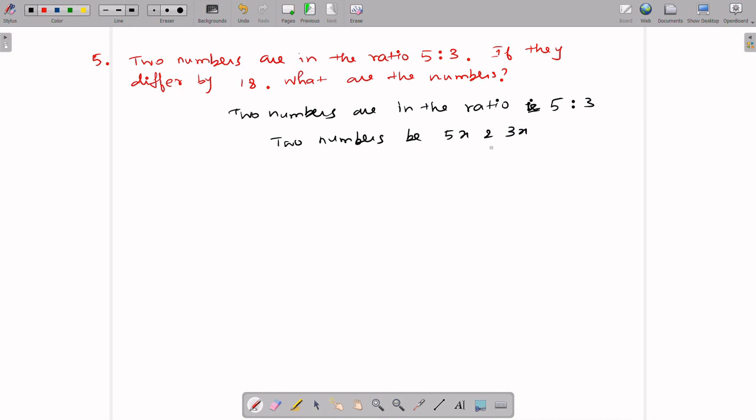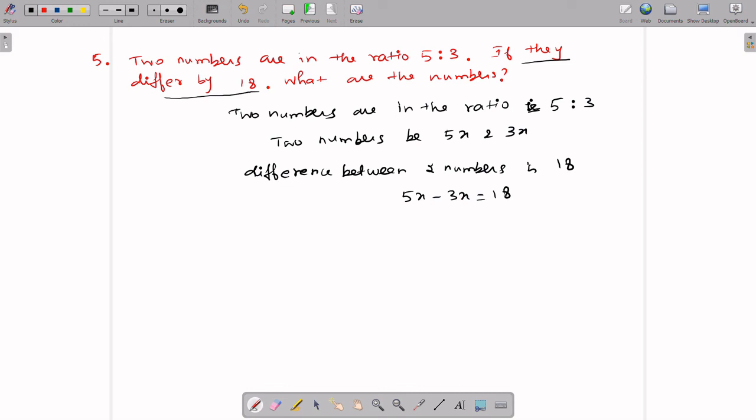And what is given? The difference between these two numbers is 18. That is, 5x minus 3x is equal to 18.